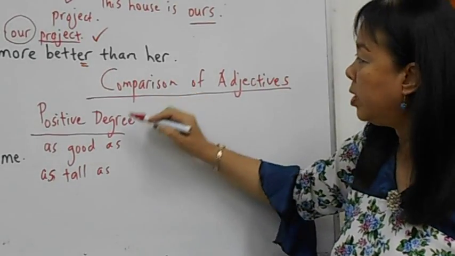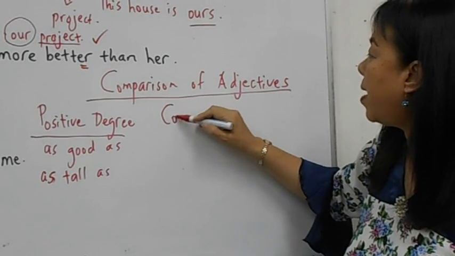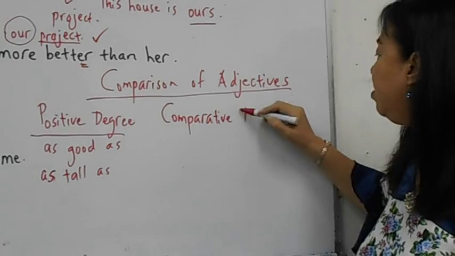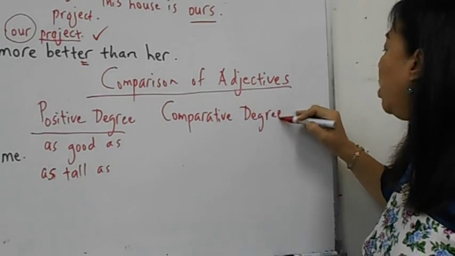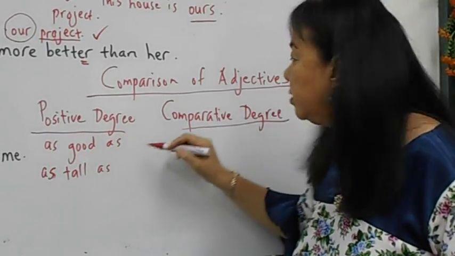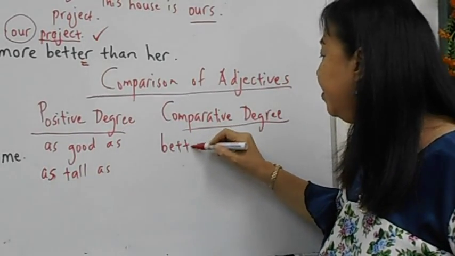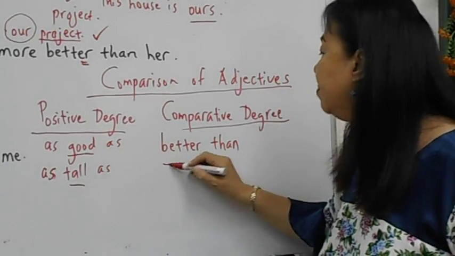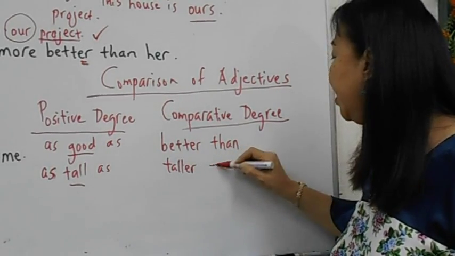Then from positive degree, you move to comparative degree. When do we use the comparative degree? We use it when we are comparing to. So as good as becomes better than. As tall as becomes taller than.